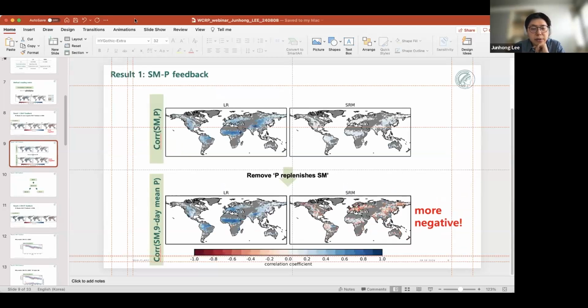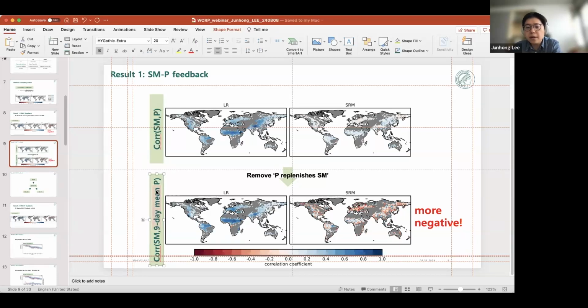Okay, let's move on to this. Yes, the correlation coefficient alone is impossible to disentangle. Soil moisture leads to precipitation, and precipitation leads to soil moisture. But I was also concerned about that, so that's why I did additional analysis like this. If you look at the bottom plot, I computed the correlation coefficient based on soil moisture, but with consecutive 9 days of precipitation.